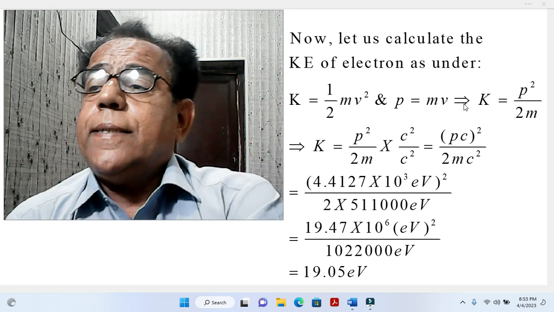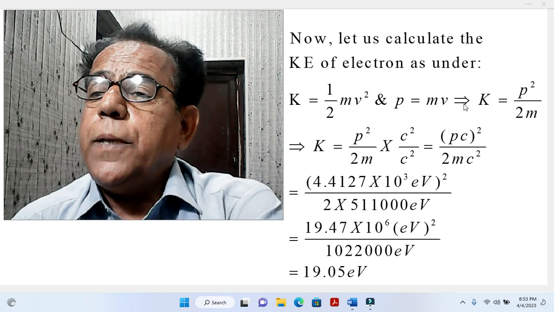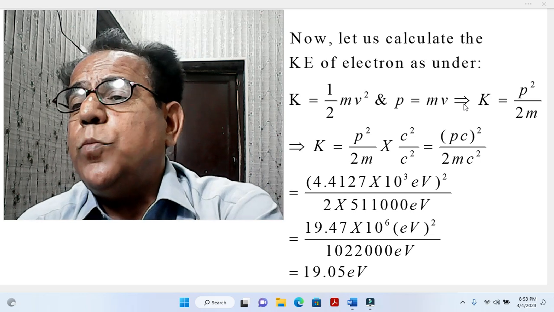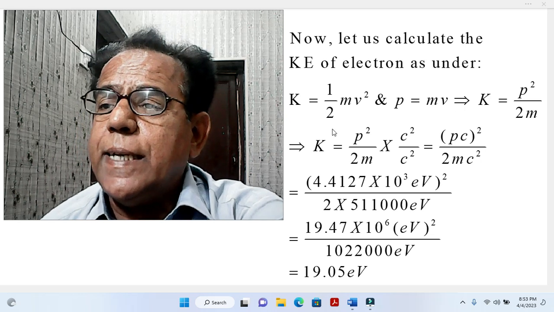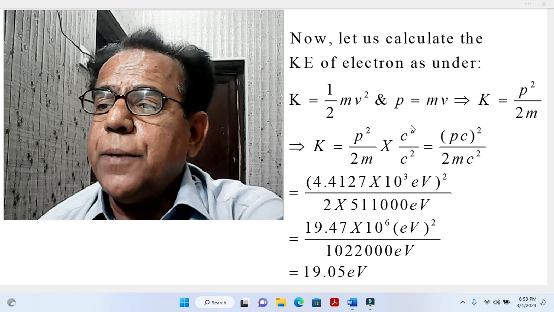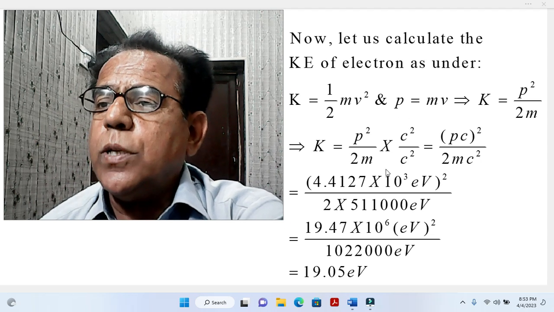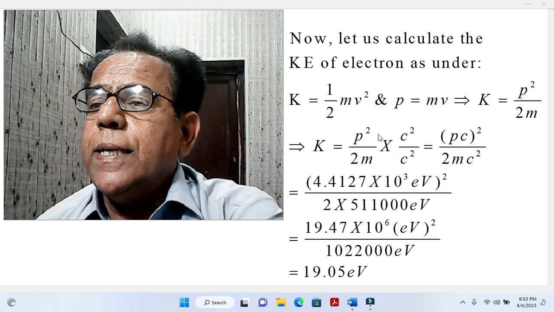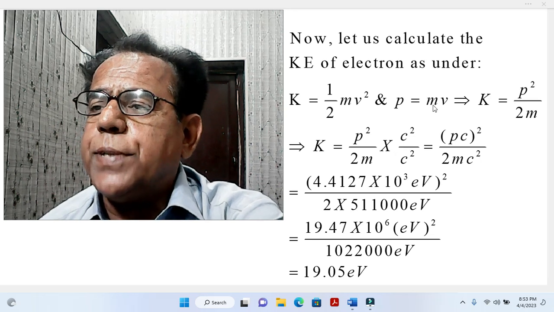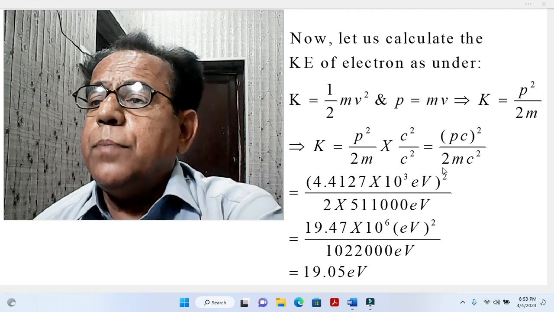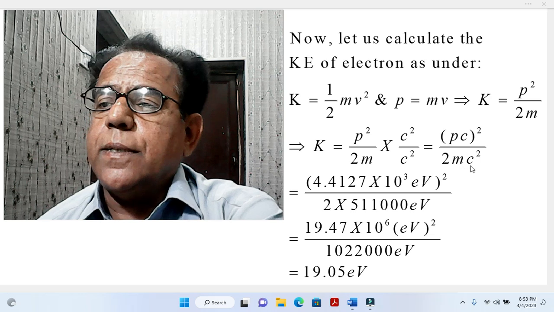In the next step, we will multiply and divide it with c square. This implies that K is equal to p square over 2m. To this extent, we have not changed the previous step, but we have divided and multiplied it with c square. In the next step, it will become p square c square, or in other words, pc whole square. Moreover, in the denominator, it will become 2mc square.